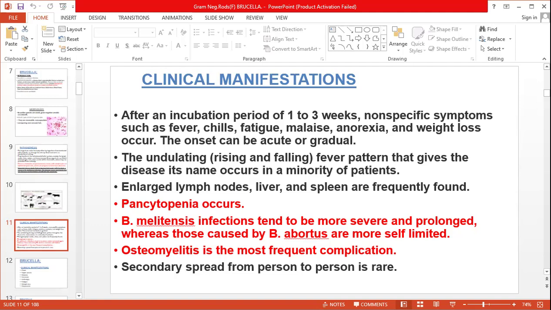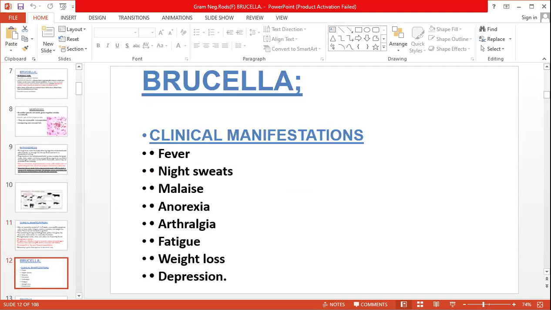The undulating, meaning rising and falling, fever pattern that gives the disease its name occurs in a minority of patients. Enlarged lymph nodes, liver, and spleen are frequently found. There is pancytopenia. Melitensis infections tend to be more severe and prolonged, whereas those caused by abortus are more limited. Osteomyelitis is the most frequent complication. Secondary spread from person to person is rare.